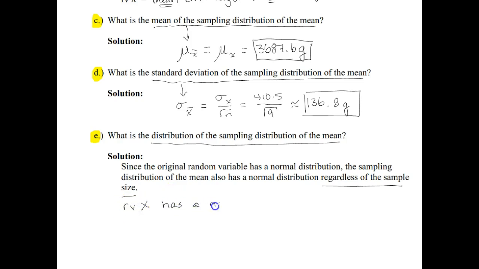We know it has a normal distribution where mu sub x was 3687.6 grams, and sigma was 410.5 grams.